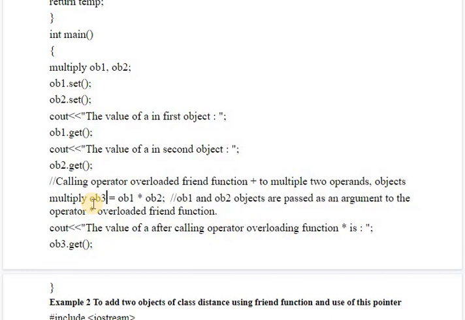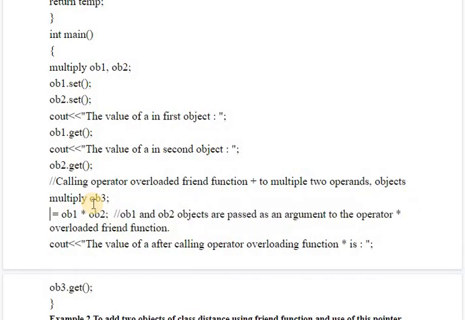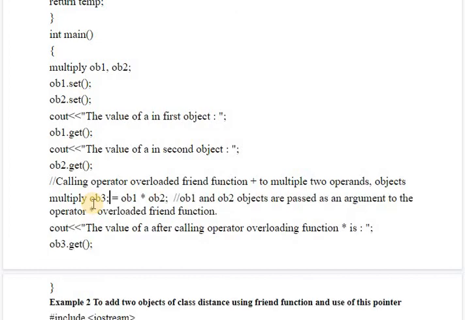If you write it like this, the compiler may not understand that, or at the creation of the object it may ask for the values if you have a constructor in your class. By the way, in both cases you can call these functions separately also. First of all, create three objects here, and then you can write this statement separately also, so there will be no problem.